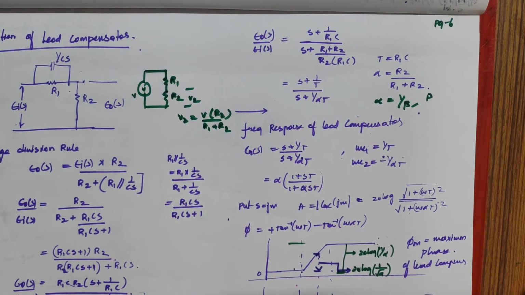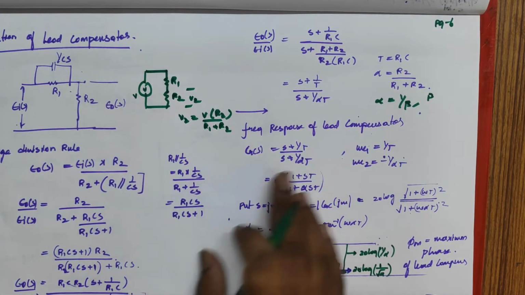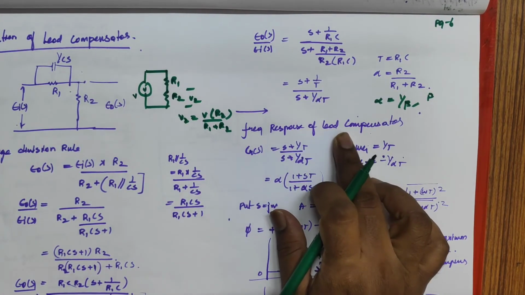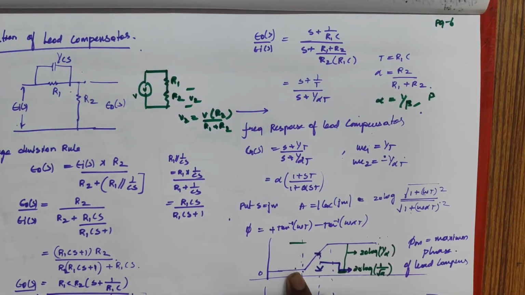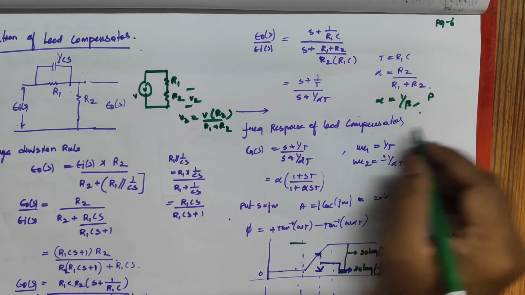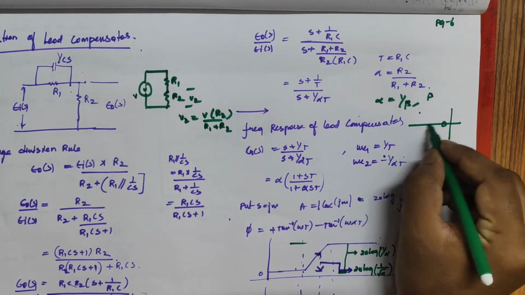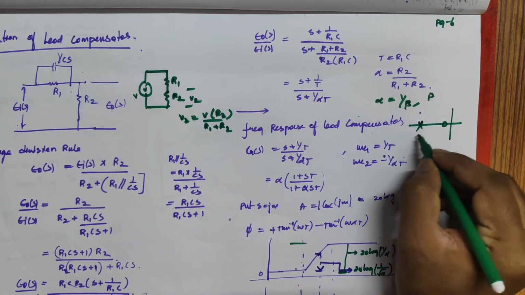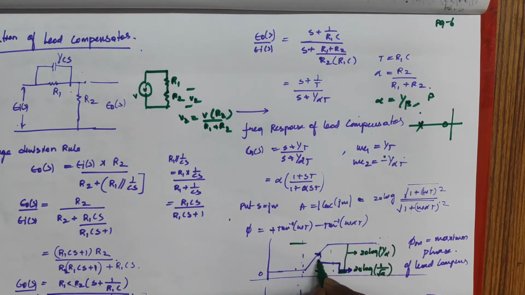Similar to the frequency response of the lag compensator, we have the frequency response of the lead compensator, which is completely opposite of the lag compensator. For the lead compensator we have a zero near the origin and a pole at the origin. That means at the first frequency we get a zero, that means plus 20 dB.